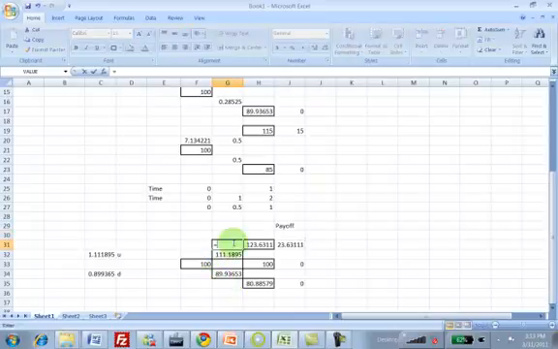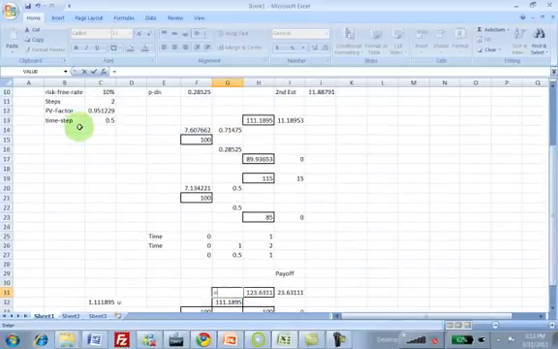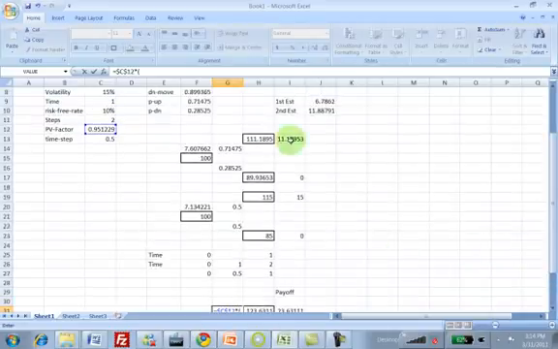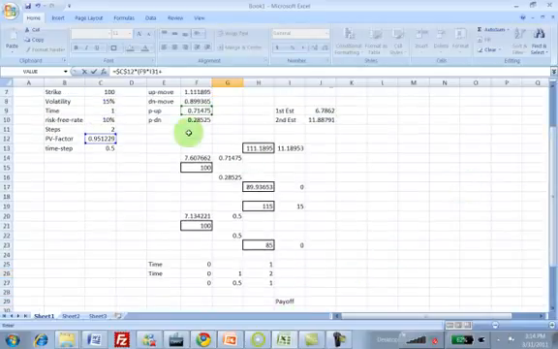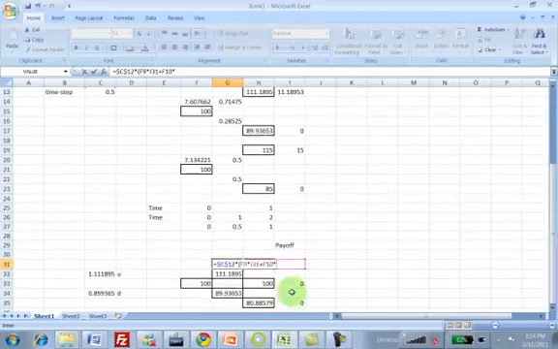Let's do this. So our PV factor is 0.951229. We take our PV factor, let's lock it, F4, and we say our PV factor into the probability of an up move. The probability of an up move is here, 0.714, into the payoff of an up move, which is given here, plus the probability of a down move, P down, into the payoff for a down move, which is given here.